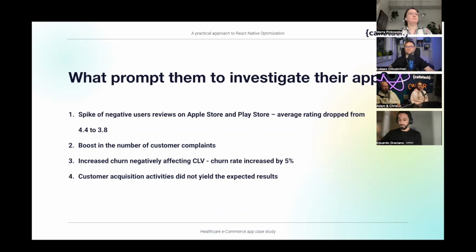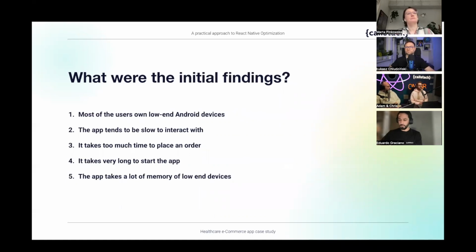So we wanted to help them, and we started with some investigation on what we could actually work with. We saw that most of the users operated on low-end Android devices.